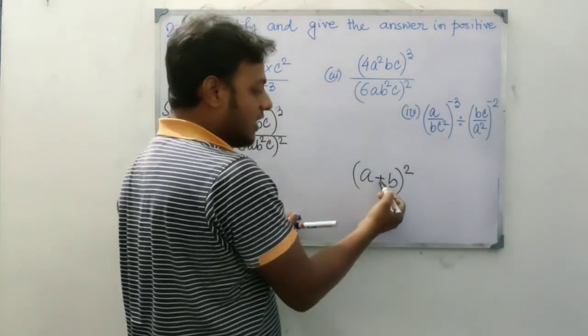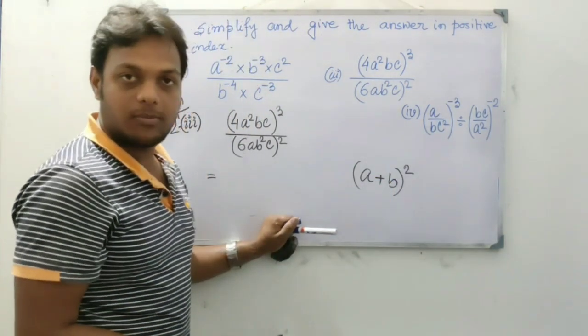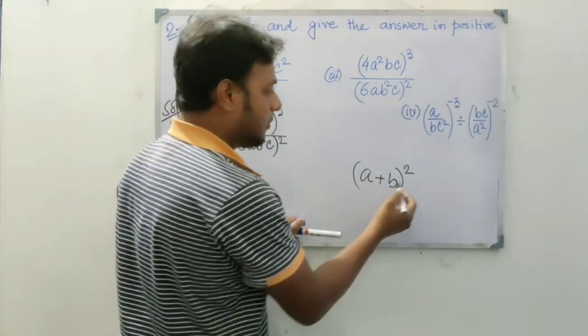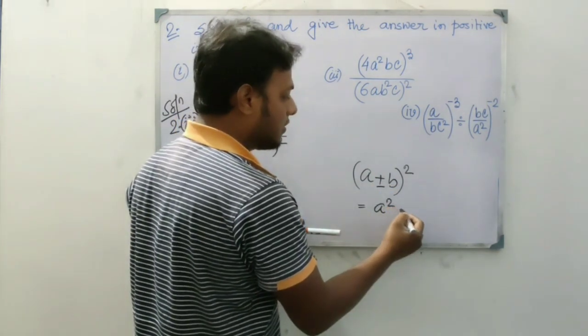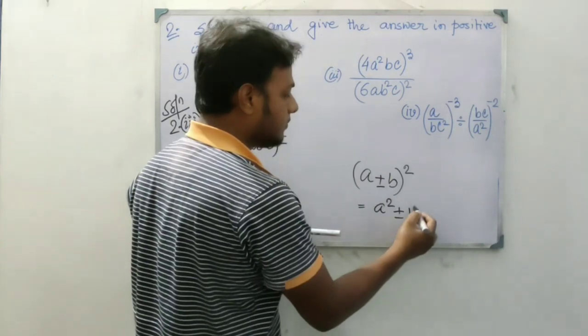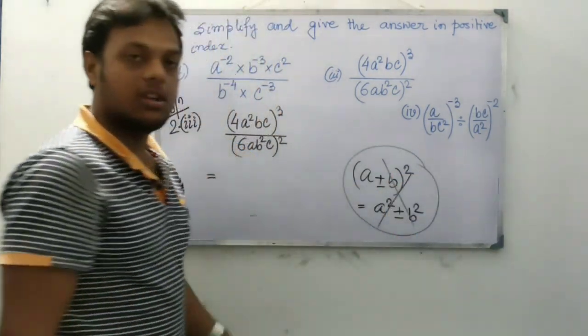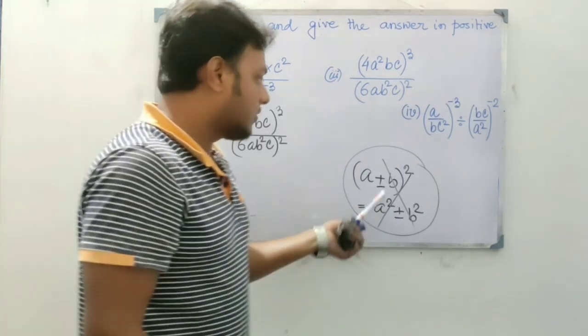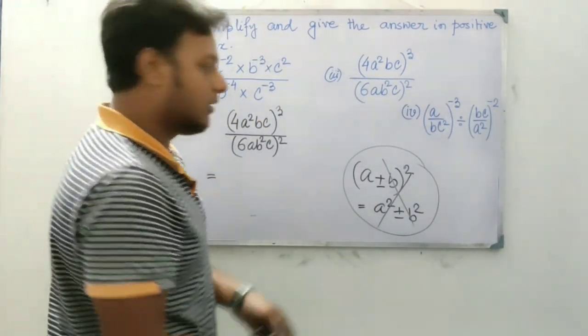Why? Since addition is there. If inside the bracket they are in multiplicative form, then you can distribute the power. In the case of addition or subtraction, you cannot. This is wrong. You cannot distribute in the case of addition, but in the case of multiplication you can.